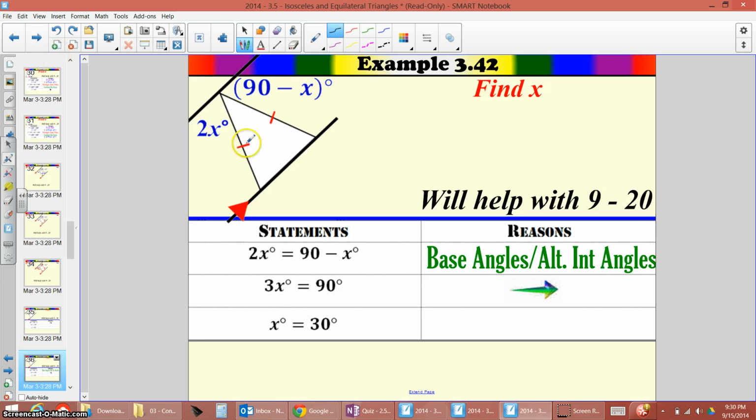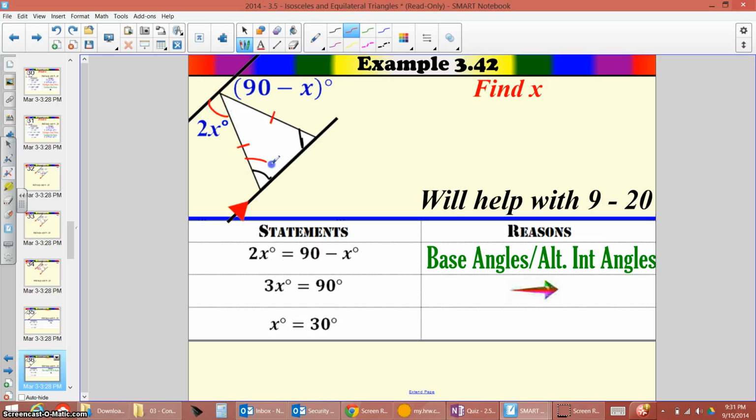Again, it's isosceles. So since it's isosceles, I can use that information to say that these two angles are congruent. I then use alternate interior angles to show that, let's change color on that one, shall we? I'll use a different color.